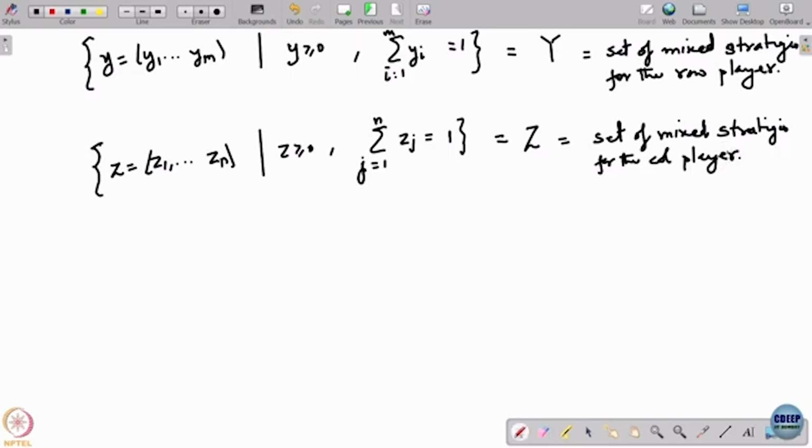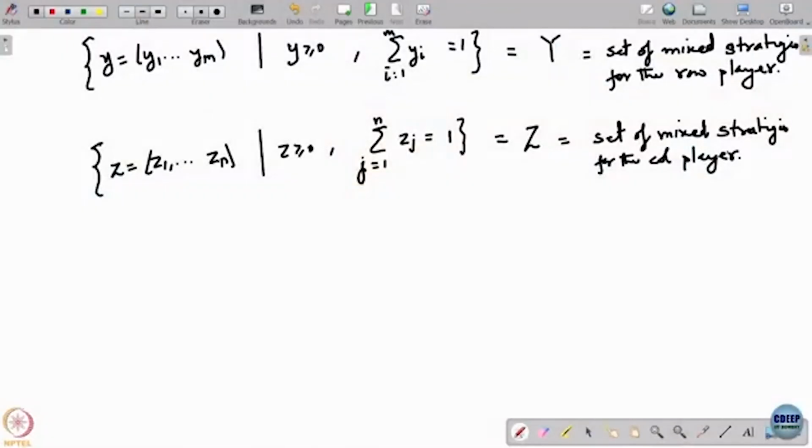Okay. Now, if the row player plays a strategy y from capital Y, and the column player plays a strategy z from capital Z, then they are going to get a payoff which is a random variable, because each is going to randomly choose an actual column and an actual row.